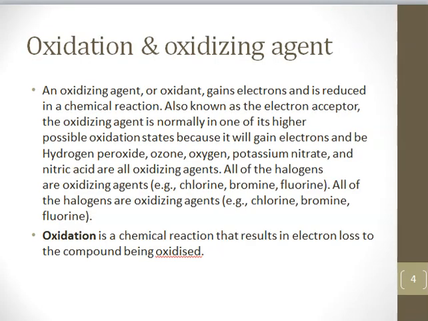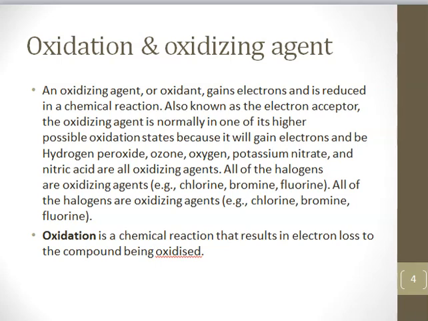Right, so firstly, oxidation and oxidizing agent. First we will define what we mean by an oxidizing agent. Oxidizing agents are also known as oxidants. Any species which gains electrons and is reduced in a chemical reaction is called the oxidizing agent or the oxidant.